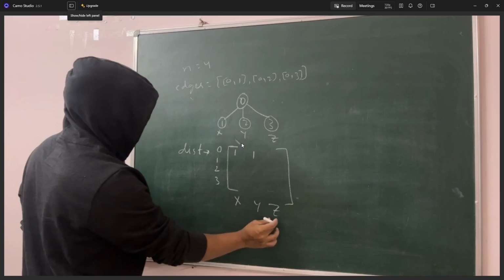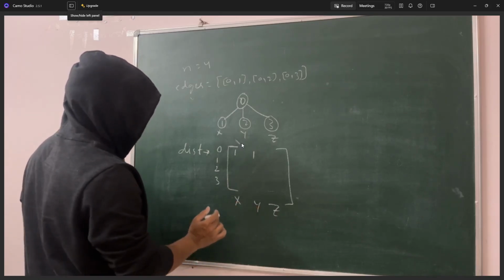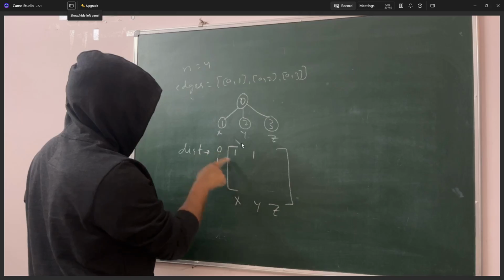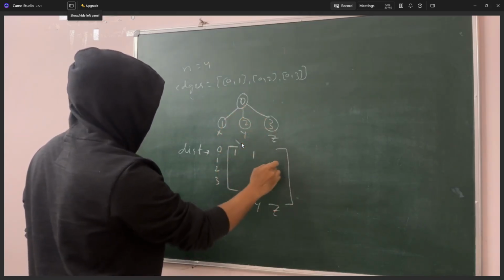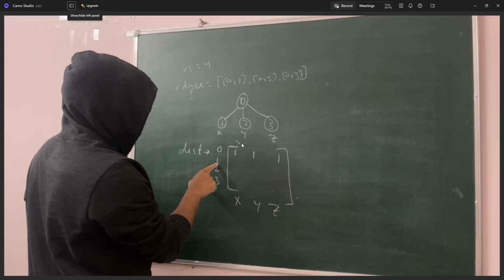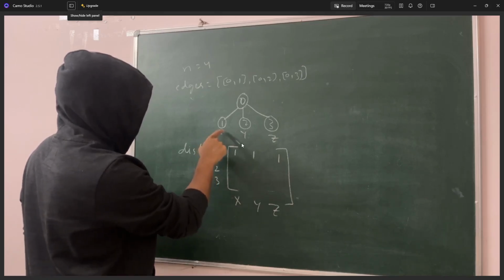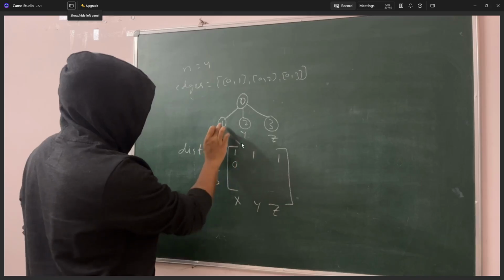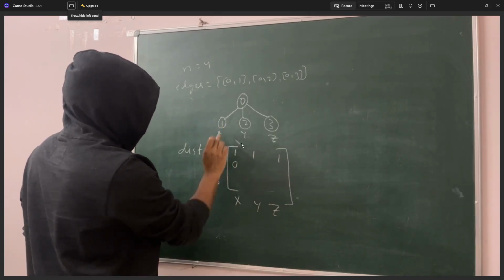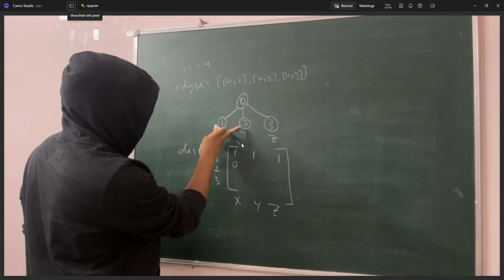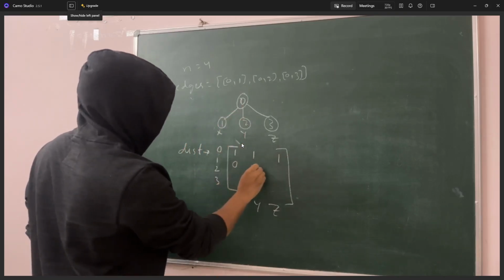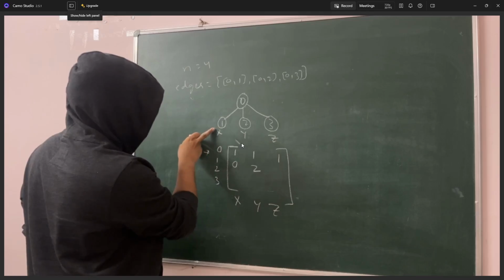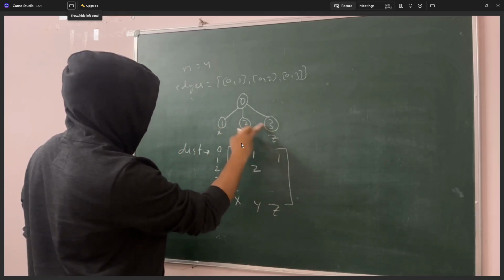Because we have x, y, z. From node 0 to node z, what is the distance? 1. From node 1 to node x, what is the distance? 0. From 1 to 1 it is 0. From node 1 to node y the distance is 2. From node 1 to node z is 2.